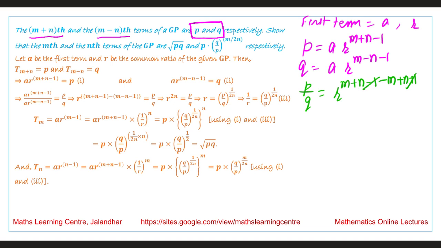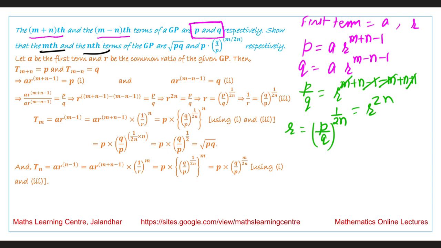This one gets cancelled and this m gets cancelled, and we are getting R raised to the power 2n. So the value of R that we obtain is equal to P by Q raised to the power 1 by 2n. Now we have to calculate the value of the mth and the nth term.